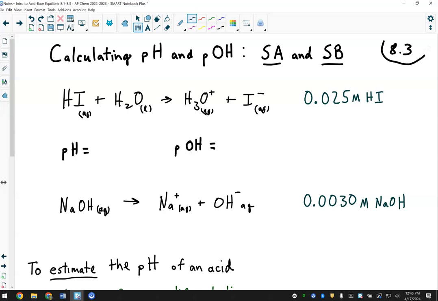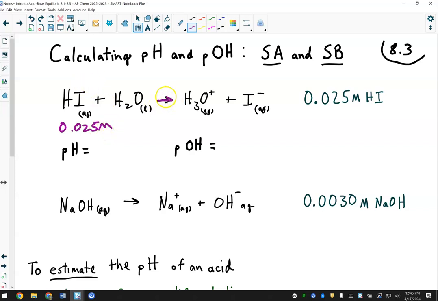So in this example, you might want to ask, what would be the pH of a 0.025 molar HI solution? Well, HI is one of the strong acids. So you know that if this solution starts out at 0.025 molar, 100% of this is going to dissolve.